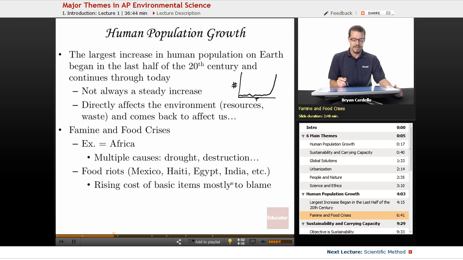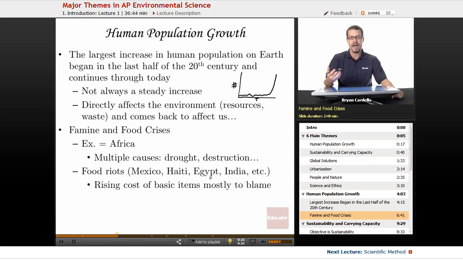For instance, in some of these countries, crops that people were relying on for food, the government actually decided to use a fairly large proportion of those crops to make fuel and sell that fuel. That reduces the amount of food available. When the supply is a lot smaller, that can make it more expensive. And for people who barely have enough money to support their family, the rising cost of food can be a major hardship.